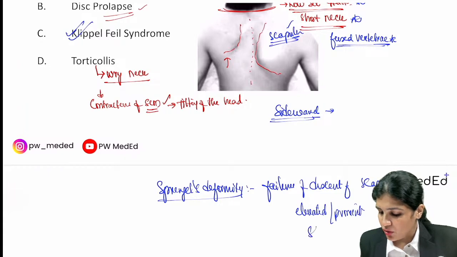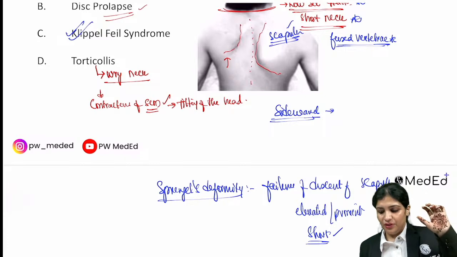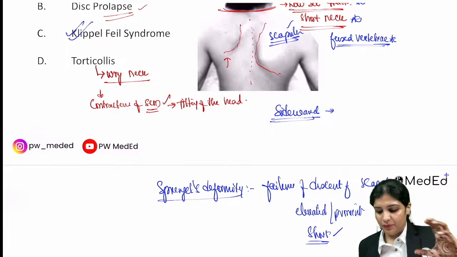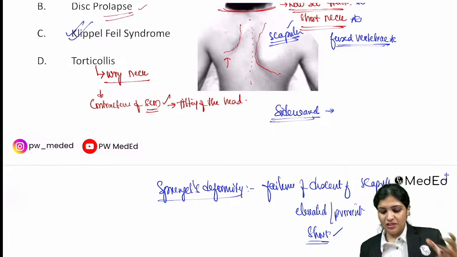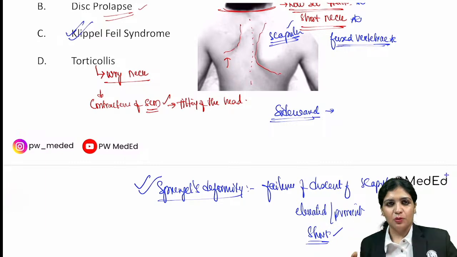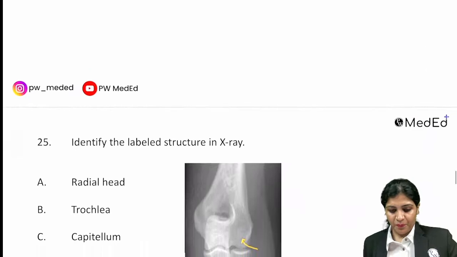And it will be a shorter one, short scapula, short, rounded with the upper border being prominent, that is the medial border becoming prominent, and there is a failure of this descent, that is called the Sprengel's deformity. Sometimes this deformity can be associated with your Klippel-Feil syndrome. So that is the Klippel-Feil syndrome.